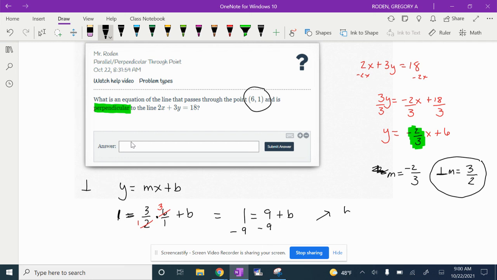Negative 8, right? So b equals negative 8. So my new equation, I've got my b, I've got my perpendicular slope, so my new equation is y equals 3/2x minus 8. And that's what you would want to put into Delta Math.